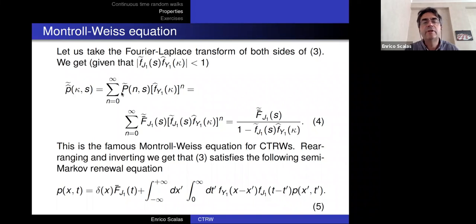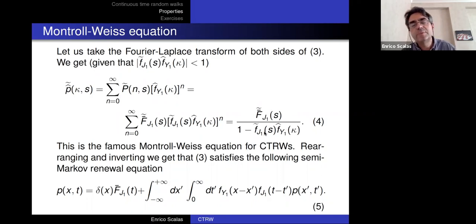And here you have the Laplace transform of the counting distribution. Remember the result of this morning, that this is given by the Laplace transform of the survivor function for the single interval multiplied by the power n of the density Laplace transform for the single interval. Put this into this equation here, remembering that these objects have absolute values smaller than 1. You can sum this series, it's a geometric series, and get to equation 4.